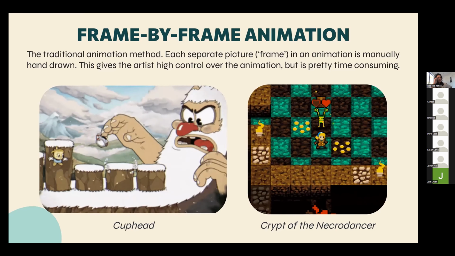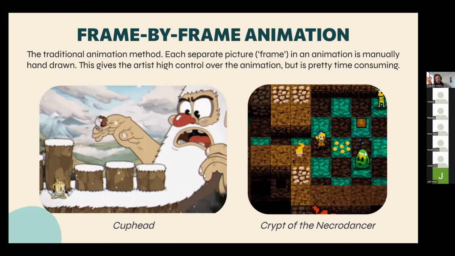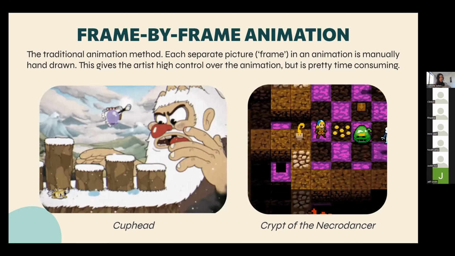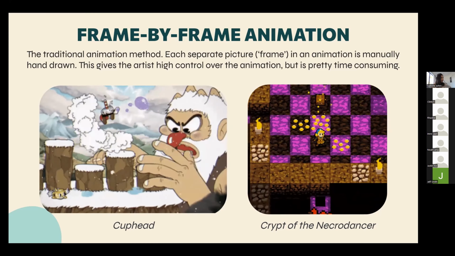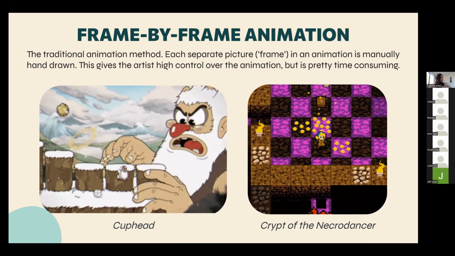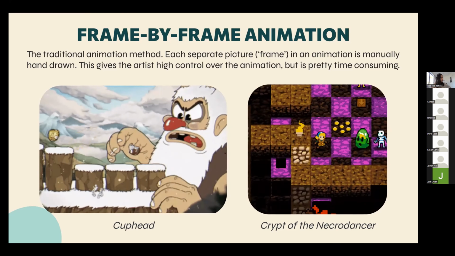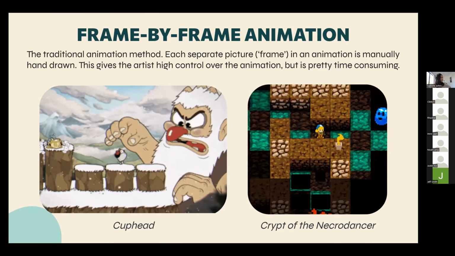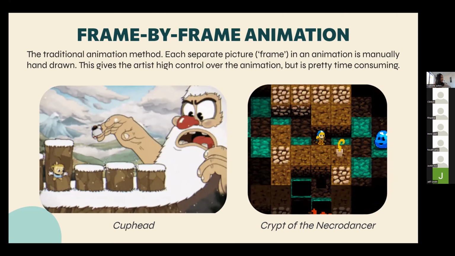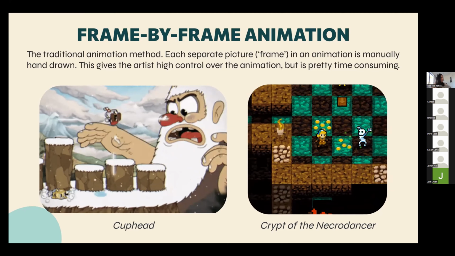But obviously the problem with this is that you have to draw every single frame. So it can be pretty time consuming. I think a lot about Cuphead just because really the whole game was hand animated at such high detail. And I just can't imagine how much time it would have taken to do all of that.